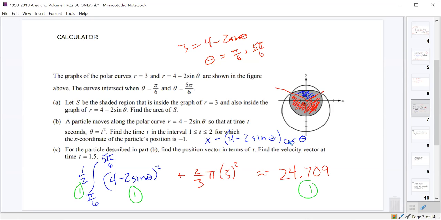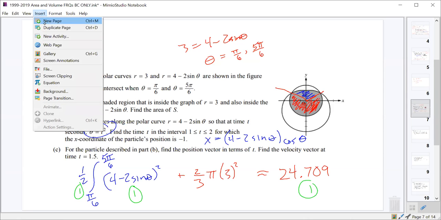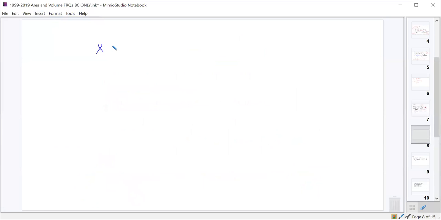And we are not looking for a theta value though. We are looking for a t value. So we know that theta is equal to t squared. So we will rewrite this as x in terms of t equals 4 minus 2 sine t squared times cosine t squared.